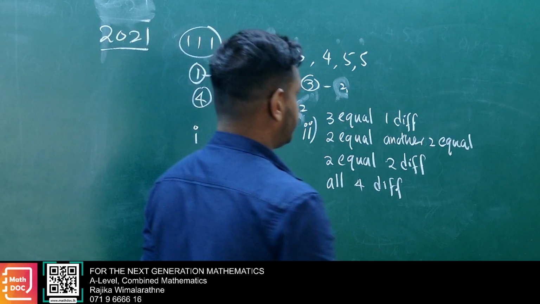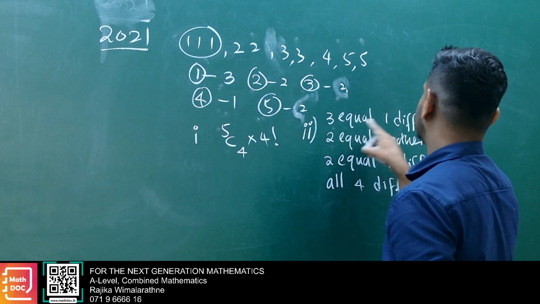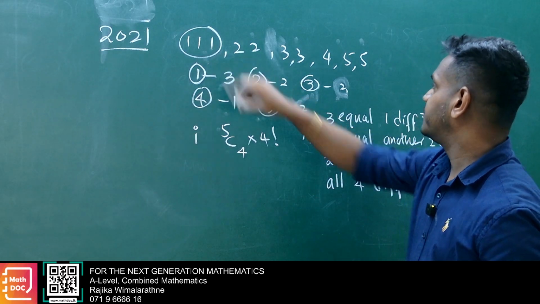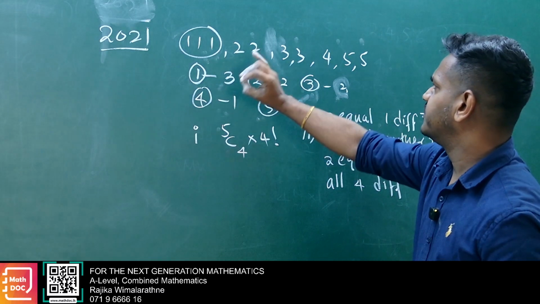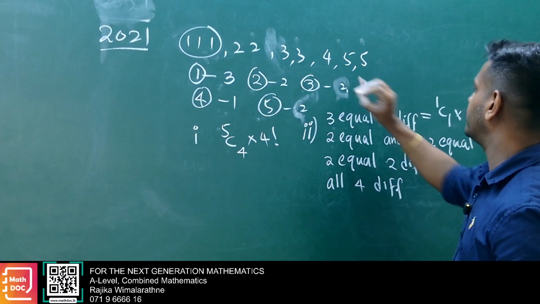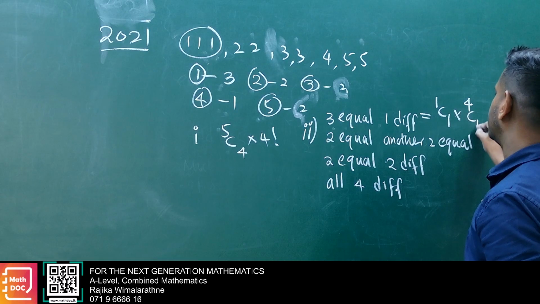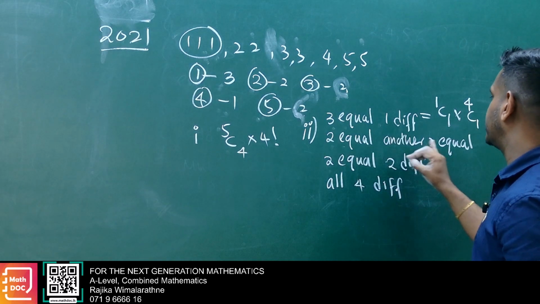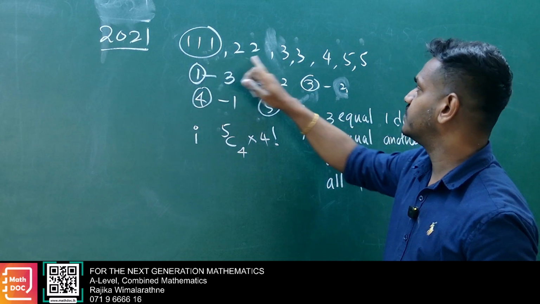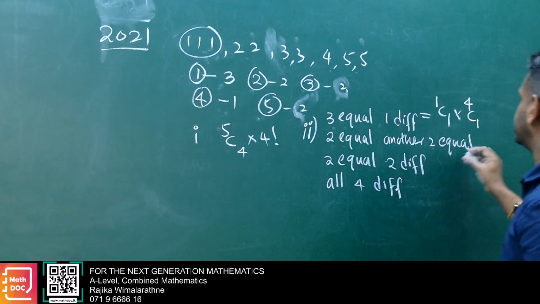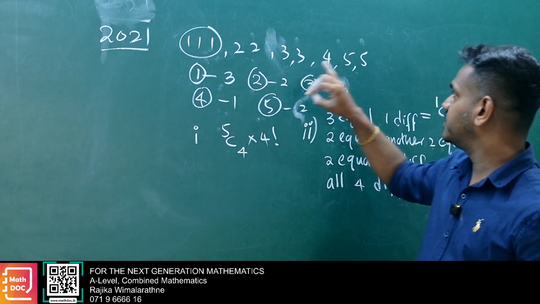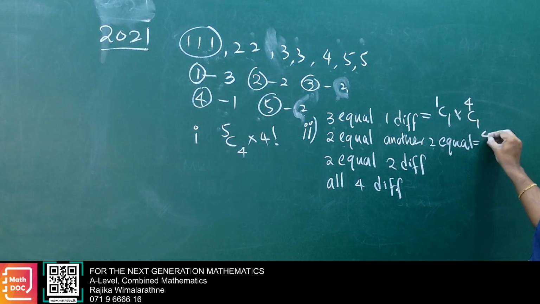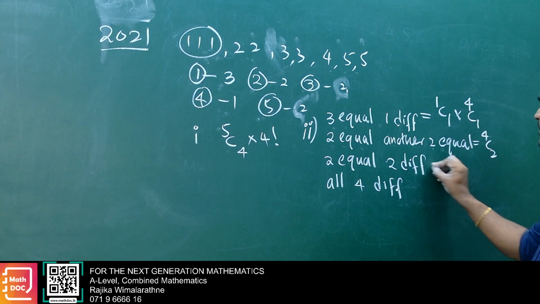So we have to select groups here. To select 3 equal, there is one group, 1C1. If you selected this, we have remaining 1, 2, 3, 4 groups. You select 1. Then 2 equal, another 2 equal. We have 5 groups, so 2 equal and another 2 equal from 4 groups gives 4C2.